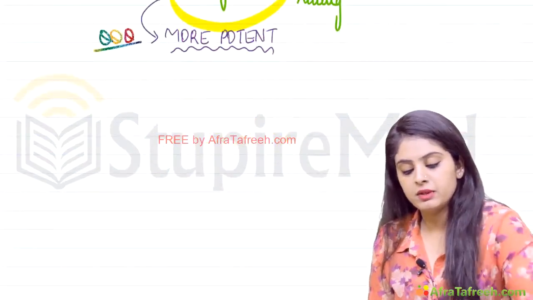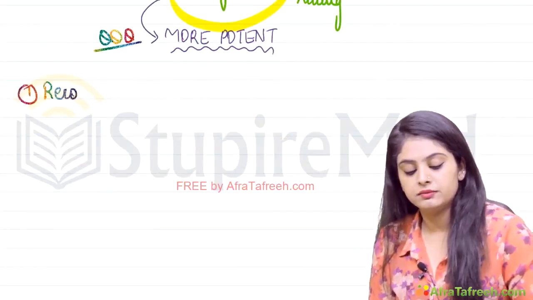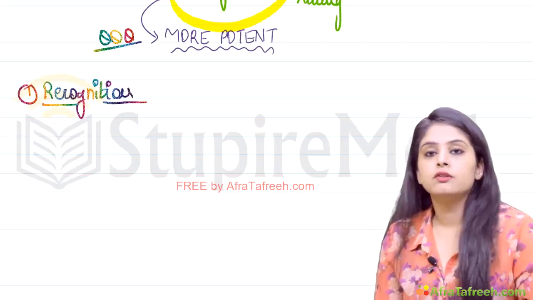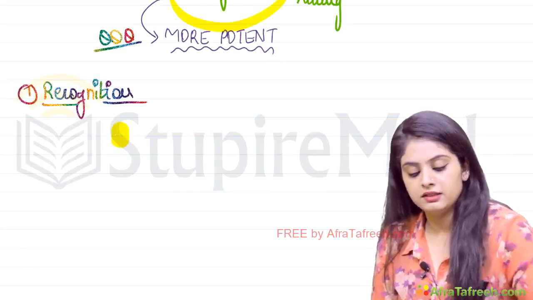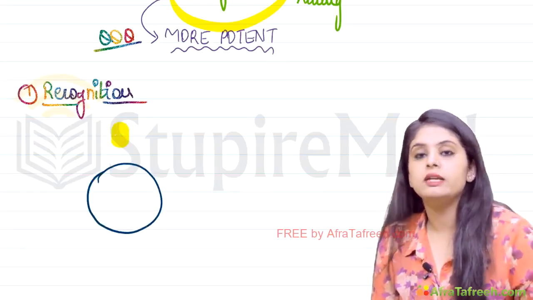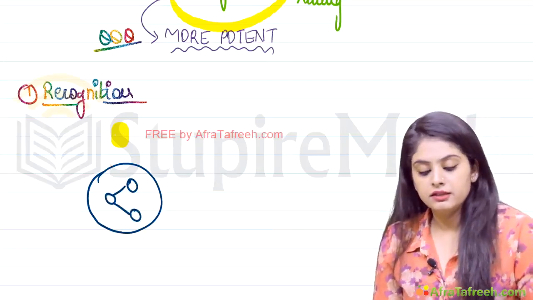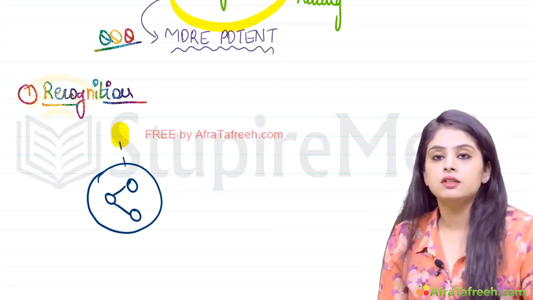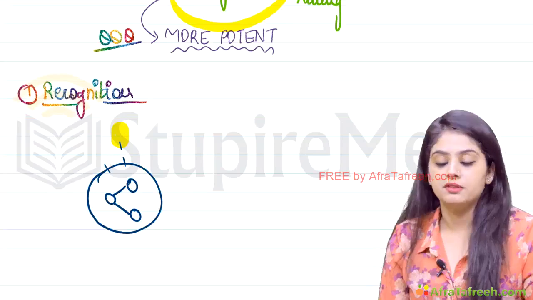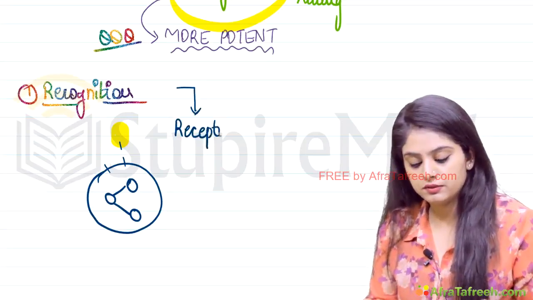So the first step that I told you in phagocytosis was recognition. For example, this is the bacteria and this is the WBC which is going to eat that bacteria. Take an example of a neutrophil. These two have to attach, they have to recognize each other. That will be by certain receptors.